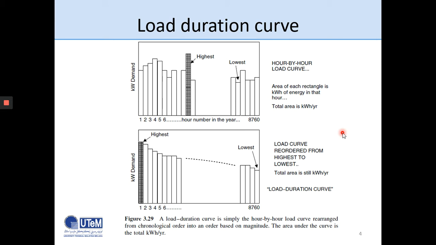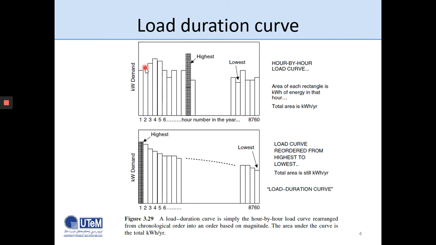So when we have hourly, we get kilowatt times hour, right? In 1 year, we have 8,760 hours. So we classify them according to the amount of kilowatt for each hour.